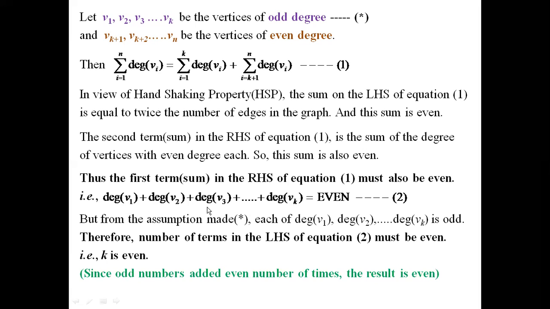When we add up these odd numbers, the sum can be even only when we have an even number of odd numbers. So that is the reason k must be an even number. Hence, we have proved the result.